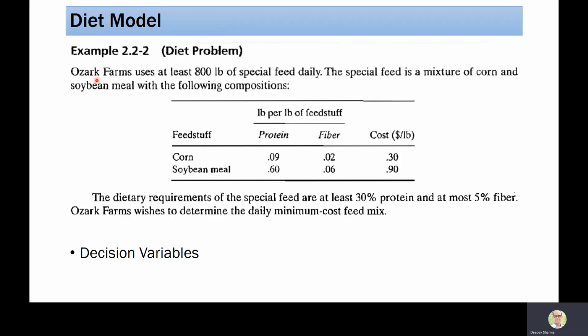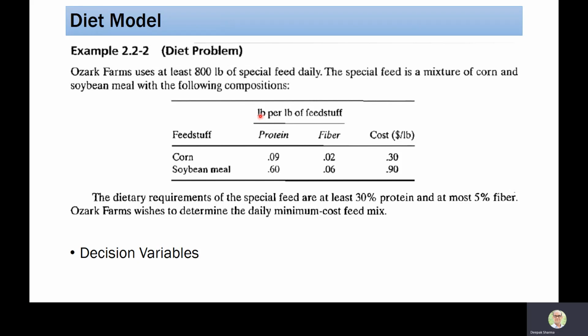Here, Ozark Farms uses at least 800 lb of special feed daily. The special feed is a mixture of corn and soybean meal with the following composition. So it is clear that corn and soybean are required to make the special feed, and we need at least 800 lb.